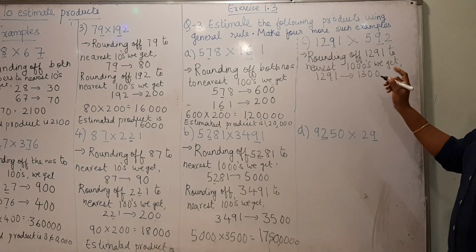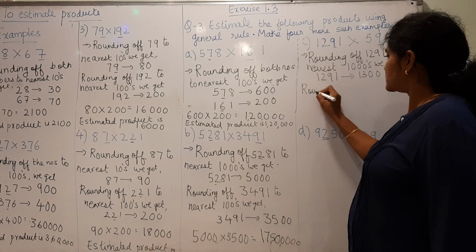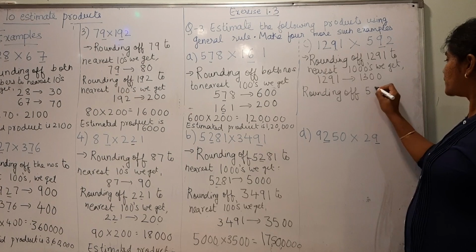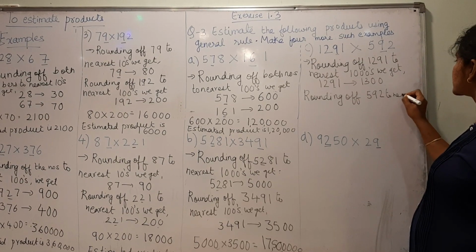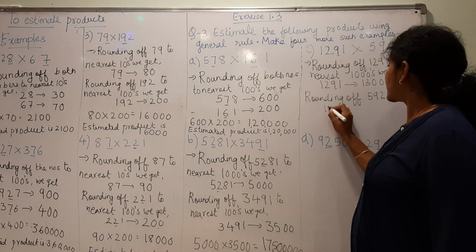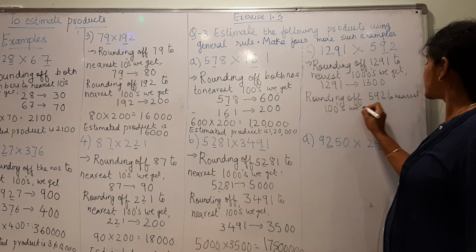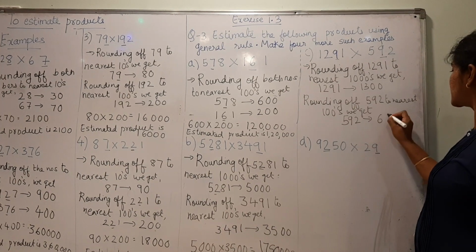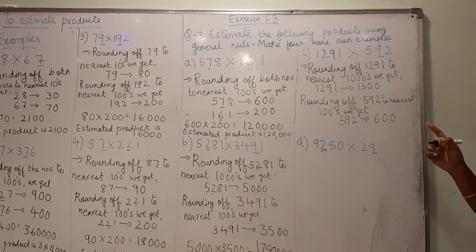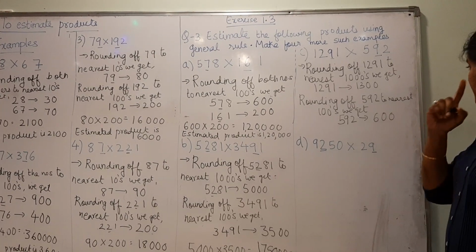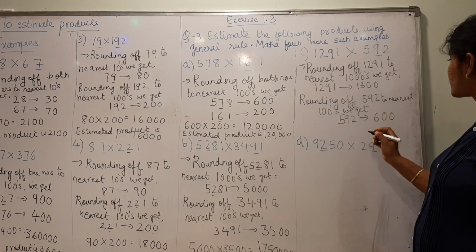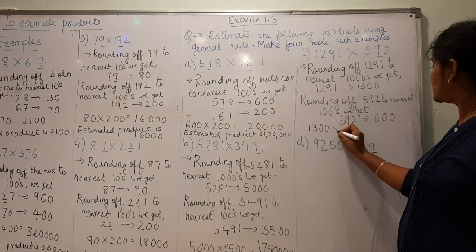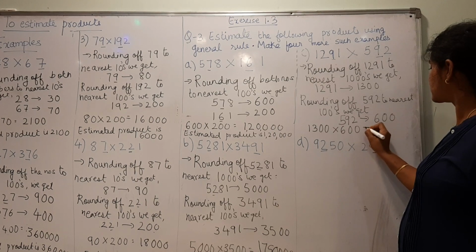Looking at this place, then rounding off 592 to the nearest hundreds, we get 600. Now this will be 1300 into 600.